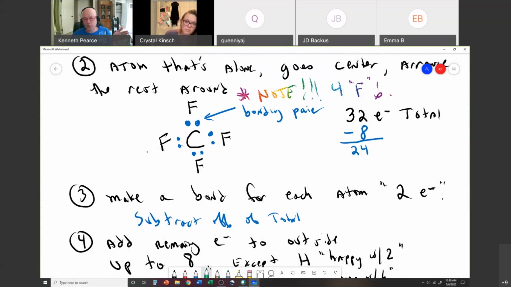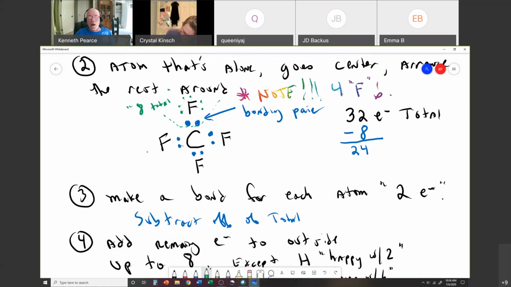So they're not just on the carbon, they're not just on the fluorine, they're on both at the same time. And so I'm going to say 1, 2, 3, 4, 5, 6. But there's 2 more over here, and that makes 8 total. Y'all see that? It's 8 total there.